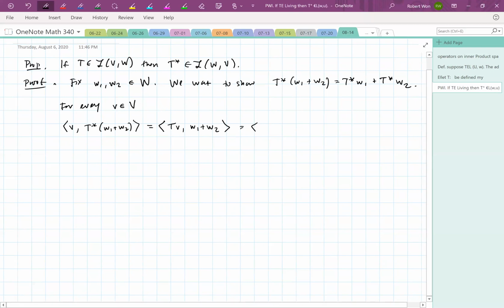I can use the fact that inner products are additive in the second slot, and again, using the property of the adjoint, write this as V comma T star of W1 plus V comma T star of W2. And then I again use additivity in the second slot to write this as V comma T star W1 plus T star W2.